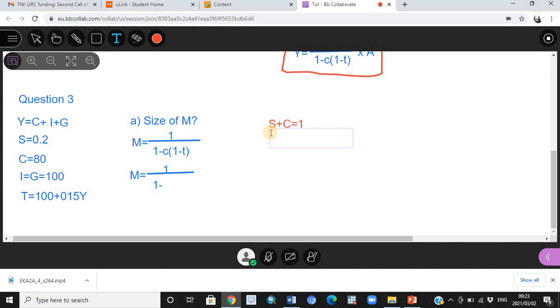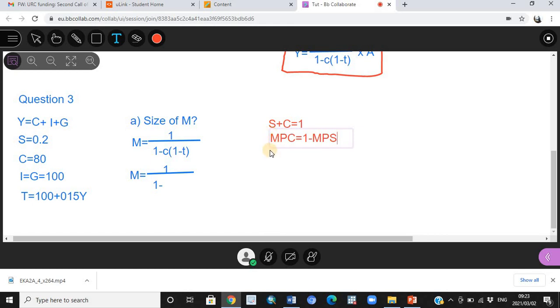In other words, our marginal propensity to consume, MPC, is equal to 1 minus marginal propensity to save, MPS. I'm writing this just to make sure that this does not become confusing at all.